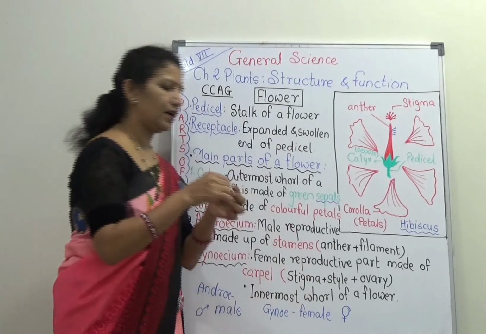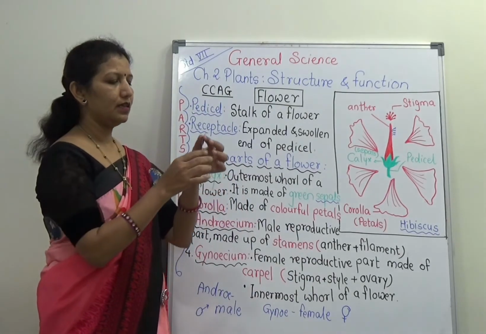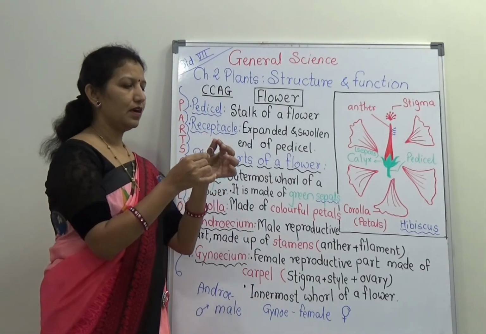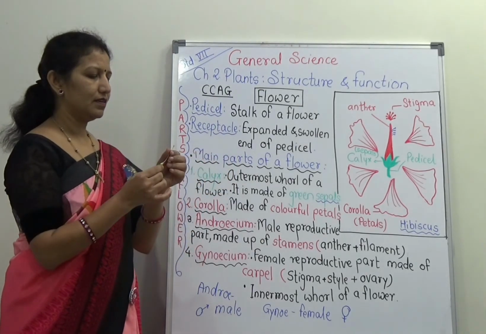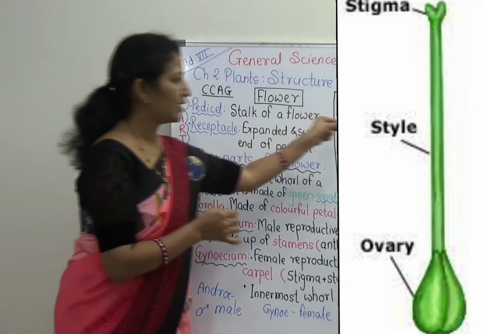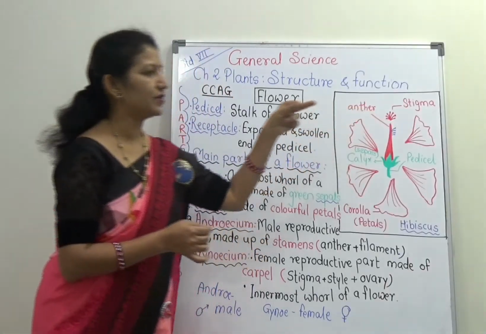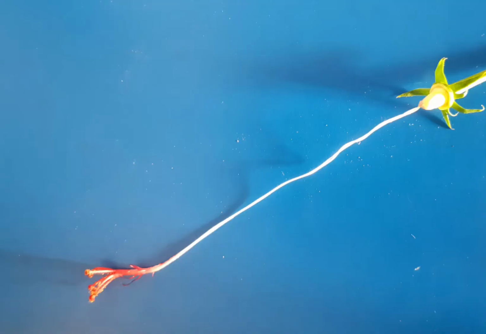So we have to see the gynoecium here, and this gynoecium is having the stigma. At the top of the gynoecium there is stigma. It is made up of carpel. This is red colored stigma here. Then after stigma there is style.